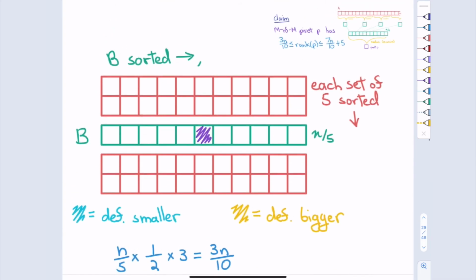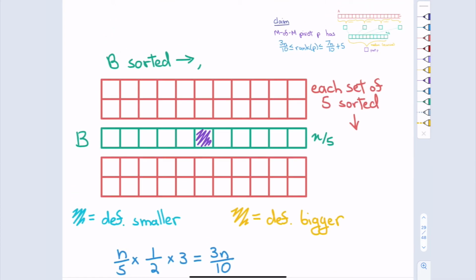All right, so we can basically prove this visually. Originally we had one wide red array. That was our input. And we divided it into groups of 5. So I've taken each group of 5 and turned it into a column. And imagine listing each column from smallest to biggest.